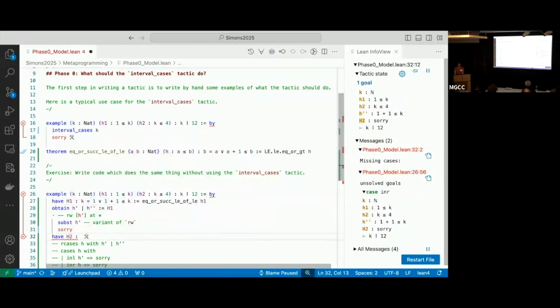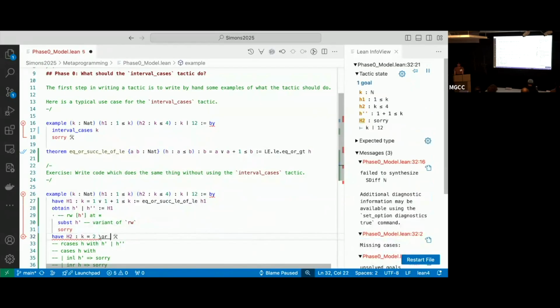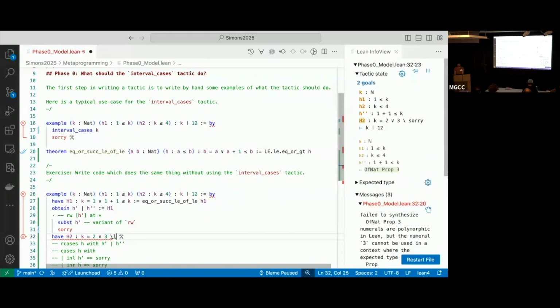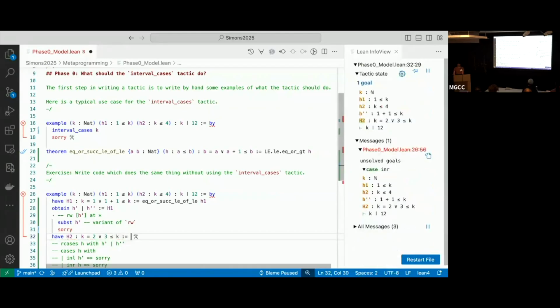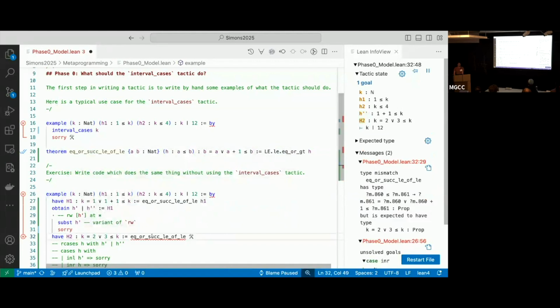Stephen, go on. K is equal to 2 or K is greater than 3. Okay. And then colon equals, H double prime, I think.